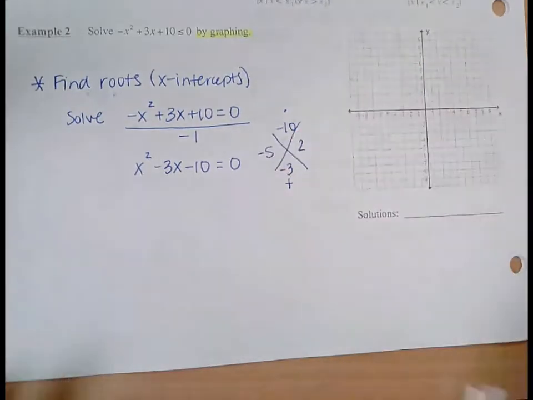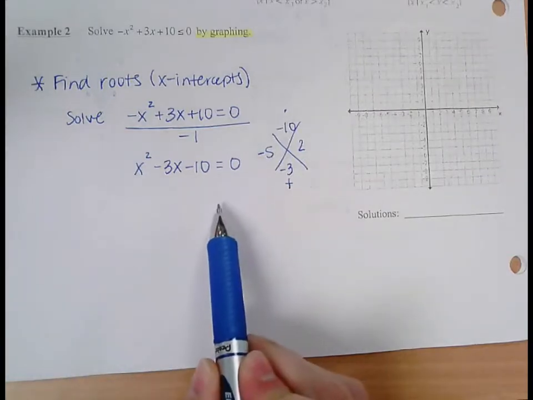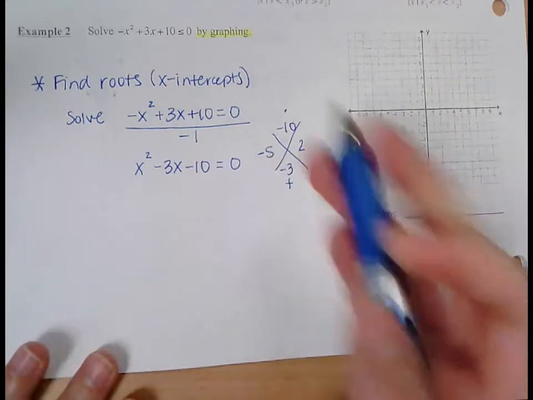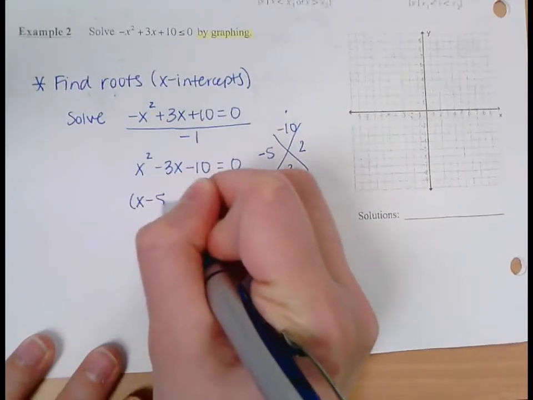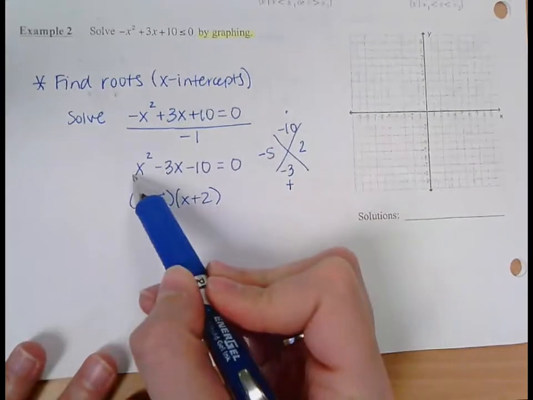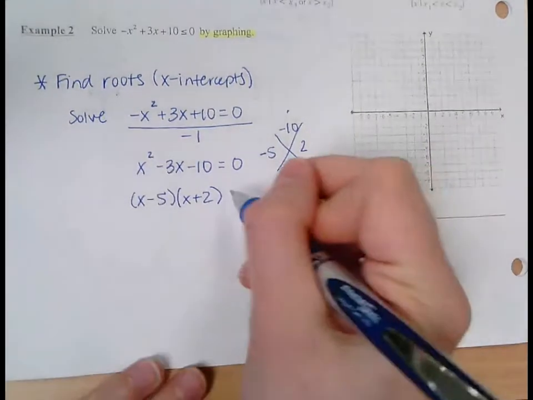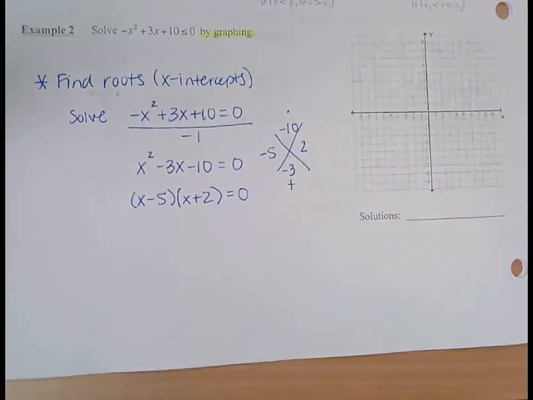The 5. So add to -3. And this is why factoring is easiest if your a value is 1. Because if a is 1, I can go straight to my factors using these two numbers. It's x minus 5 times x plus 2. So if your a value is anything else, that's where you have to rewrite it and group, which you still could do in this case, but this is kind of the shortcut for it.